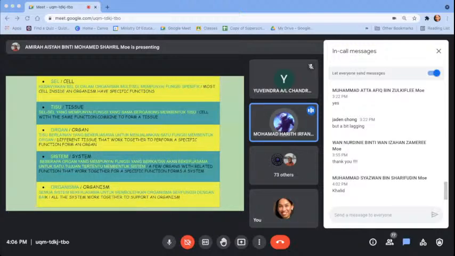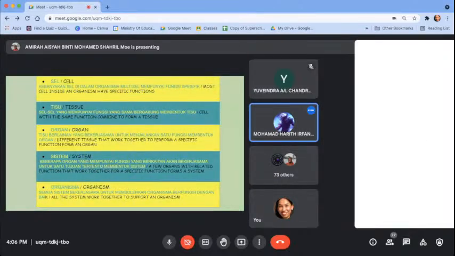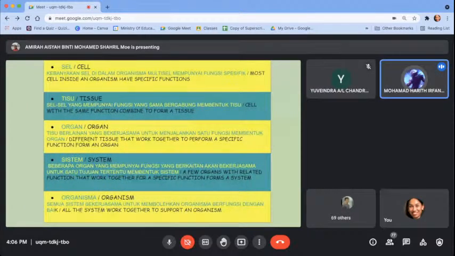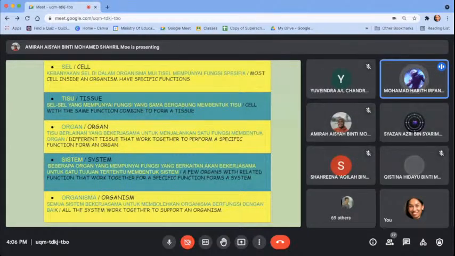Organ pula, tisu-tisu berlainan yang bekerjasama untuk menjalankan satu fungsi membentuk organ. Sistem merupakan beberapa organ yang mempunyai fungsi yang berkaitan akan bekerjasama untuk satu tujuan tertentu. Organisma pula, semua sistem bekerjasama untuk membolehkan organisma berfungsi dengan baik.